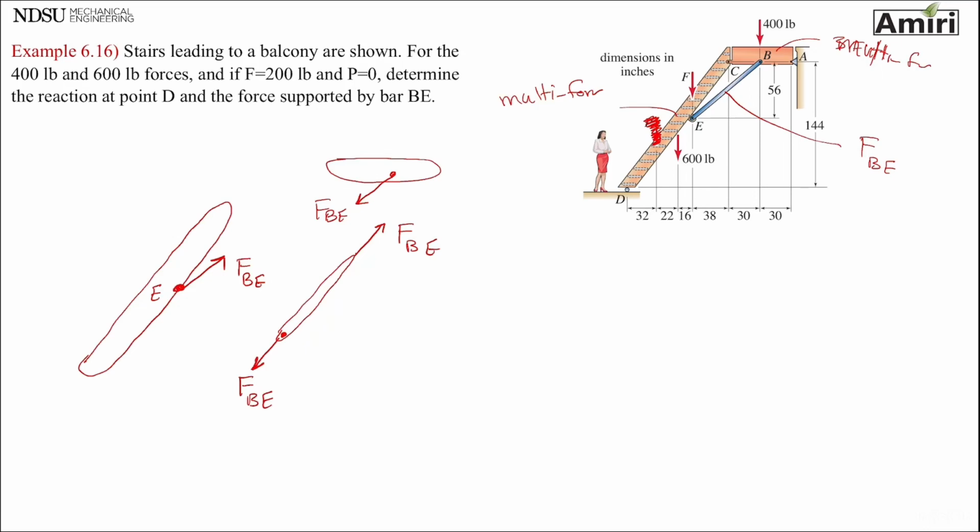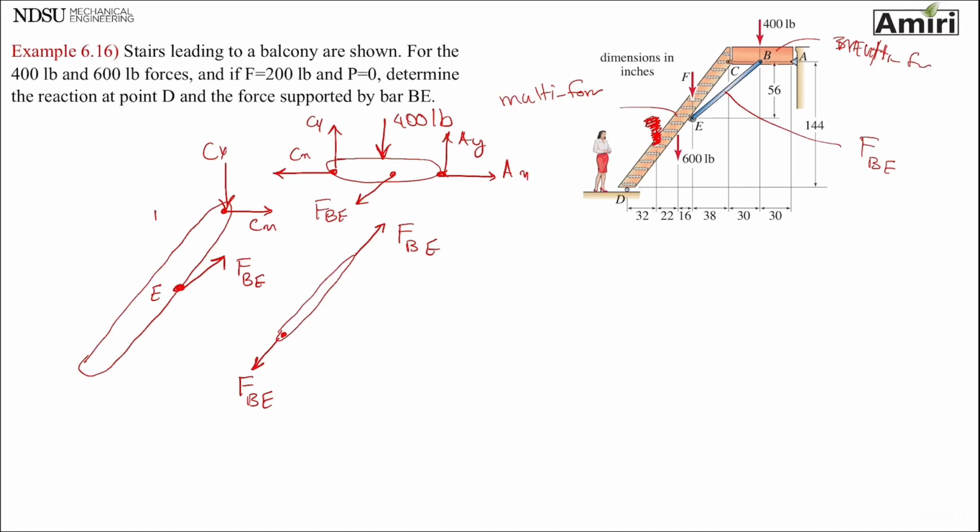Then let me do the top member. I have a 400 pounds there. I see a pin at A, AX, AY. I see another pin at C, CX. Let's just draw them the other way. Okay, now I move on to my next point C. These are the common points, same pin, so I have to draw opposite forces on them.